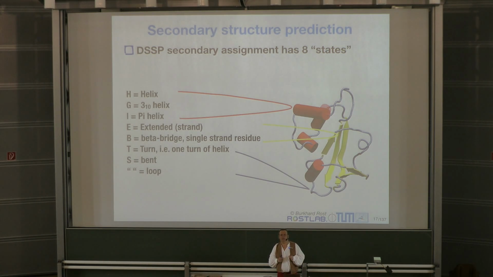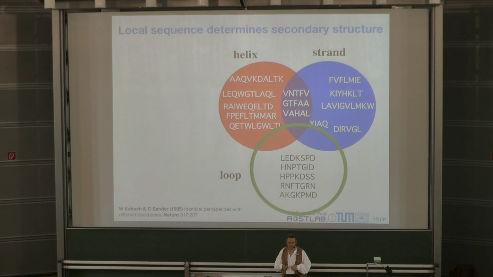Now, when we look at stretches, consecutive stretches, so-called peptides, then sometimes we see, and this is an old paper here from '85 from Kapsch and Zander, we see that these long stretches always are observed in the state helix. These always observed in the state strand.